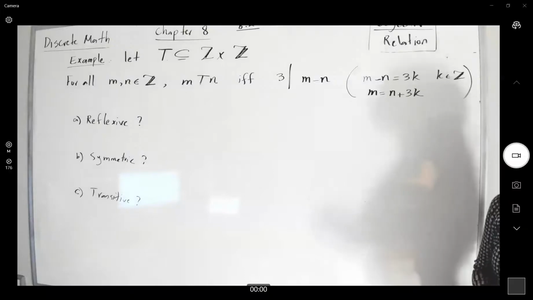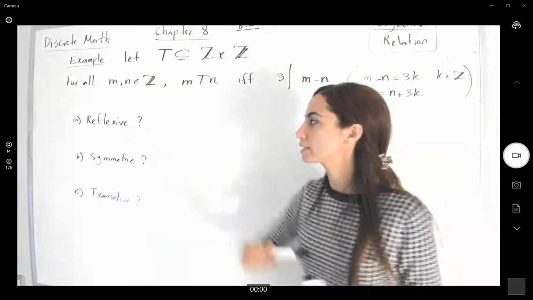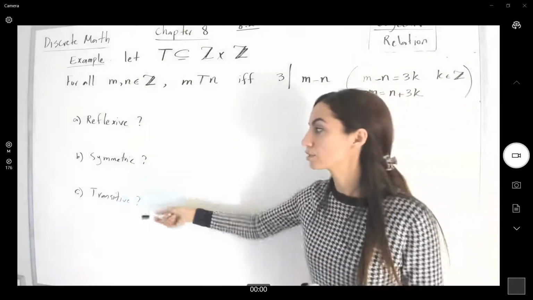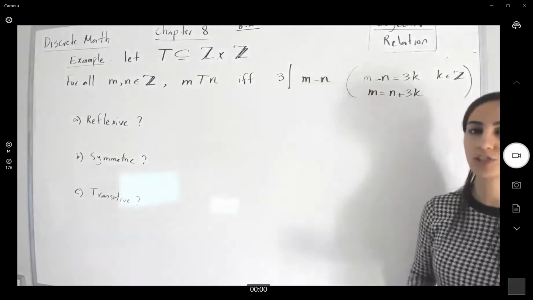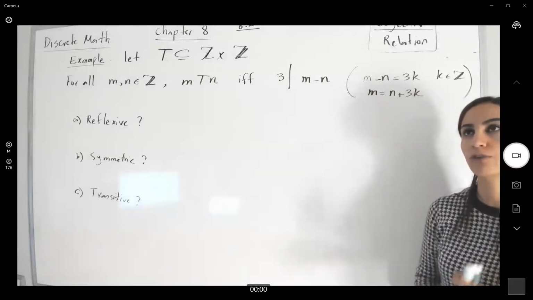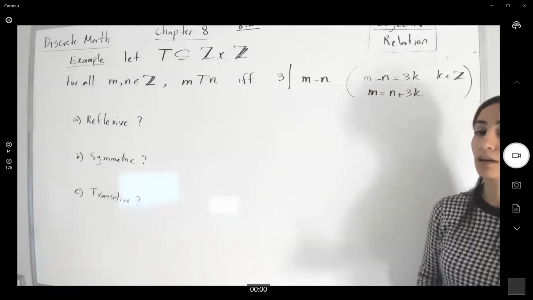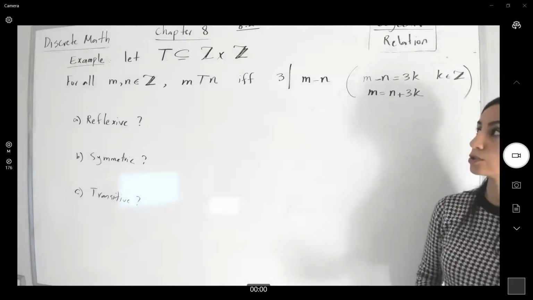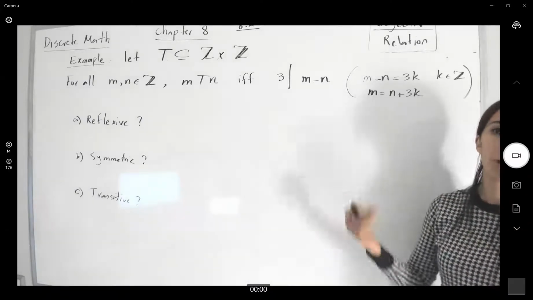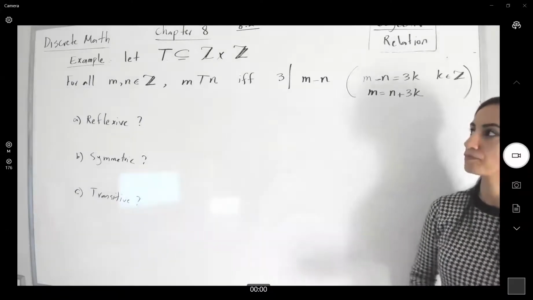Okay, the question says, do you have a reflexive relation? Do you have a symmetric relation? Do you have a transitive relation? And another question for you is, can you generalize this into divisibility by L?